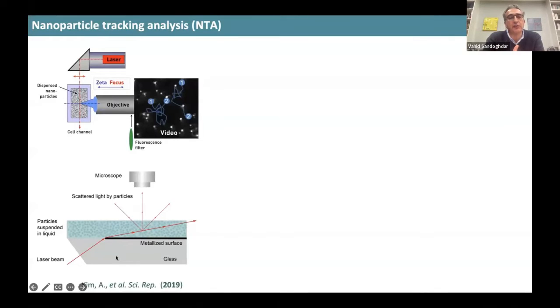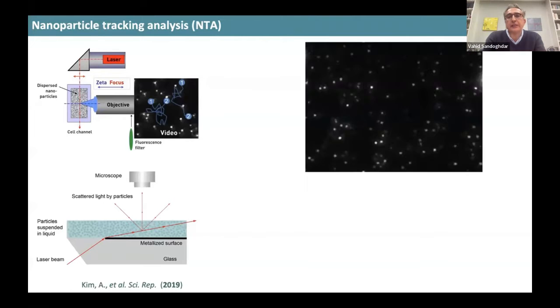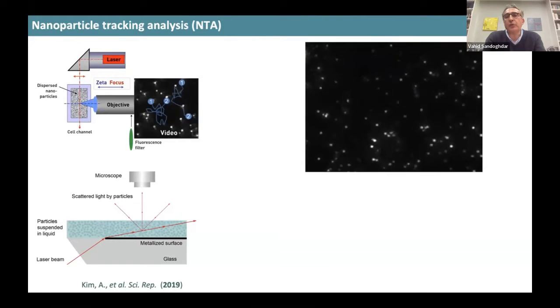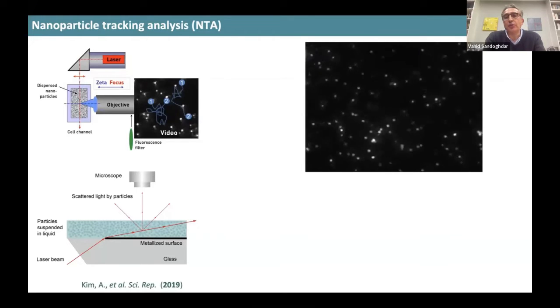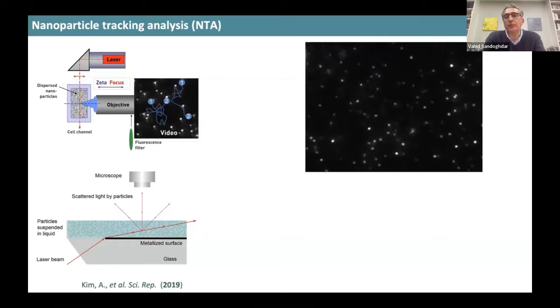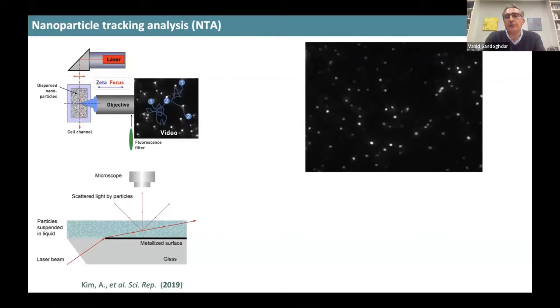So imagine that you have a suspension of any type of nanoparticle, and if you were to illuminate that in a way that you only look at the light that is scattered by the particles, then you would expect to see these particles jiggle and wiggle, and this is indeed what you would see. So this is the kind of video that you could record from particles that are undergoing Brownian motion in suspension.